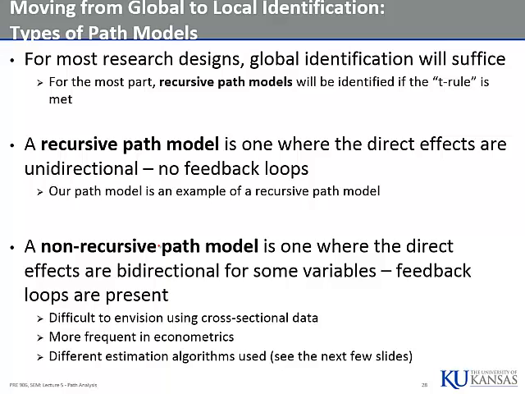Right? Those are good. If you have a recursive path model and you have the T rule or the count satisfied, equal to or less than number of parameters than the saturated model, you're identified. You work. If you have a non-recursive path model, it may not work. In fact, most of the time it doesn't work.